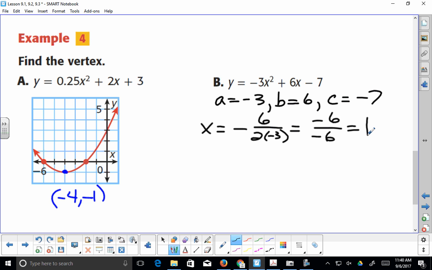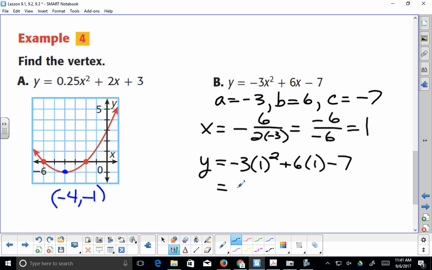So to find the y value then, I'm going to replace all of those x values in the equation with that number. Now, one of the things that I see happen quite often, you have to be careful, is that lots of people want to square this -3. It's not squared, okay? The 1 is squared. Remember your order of operations. Or they'll multiply the -3 times 1 and then they'll square it. Remember order of operations.